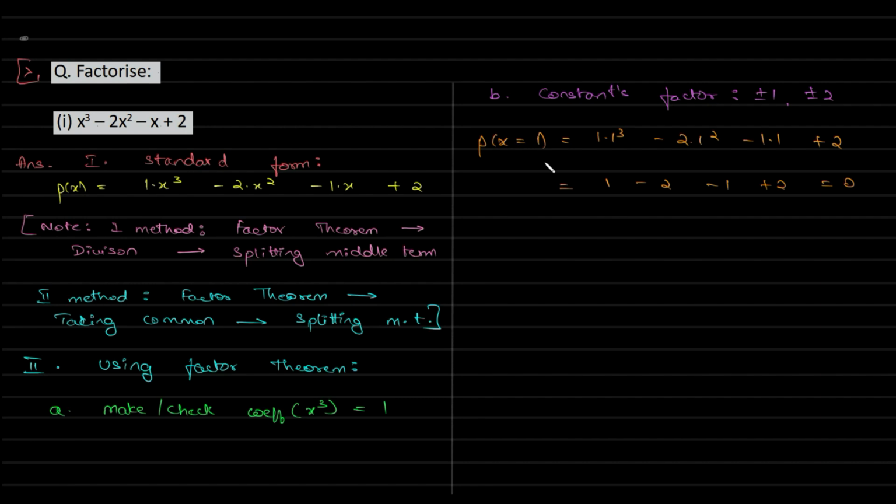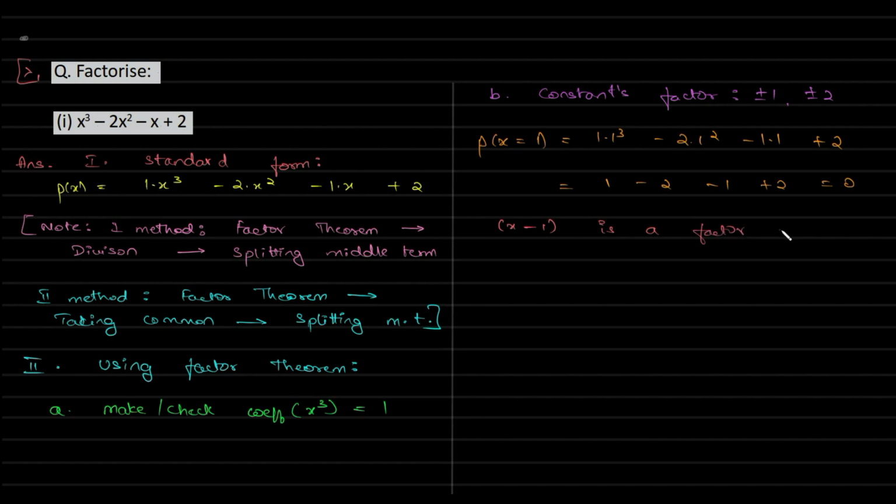What does it mean? This particular value makes the remainder 0. So with this, we indirectly found the factor: x is equal to 1, or x minus 1 is a factor.